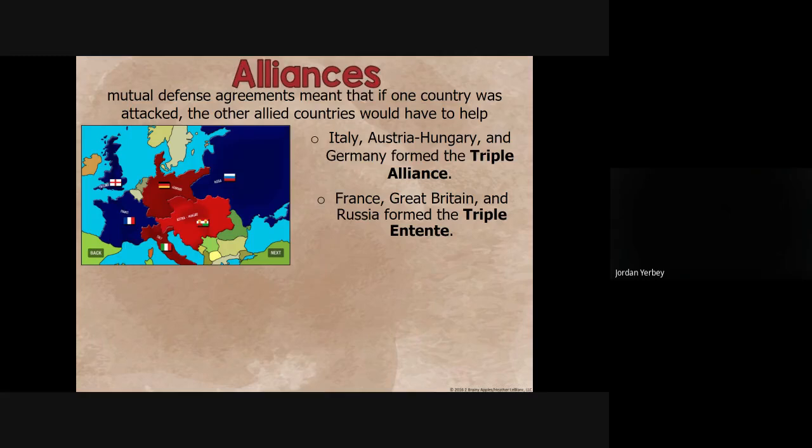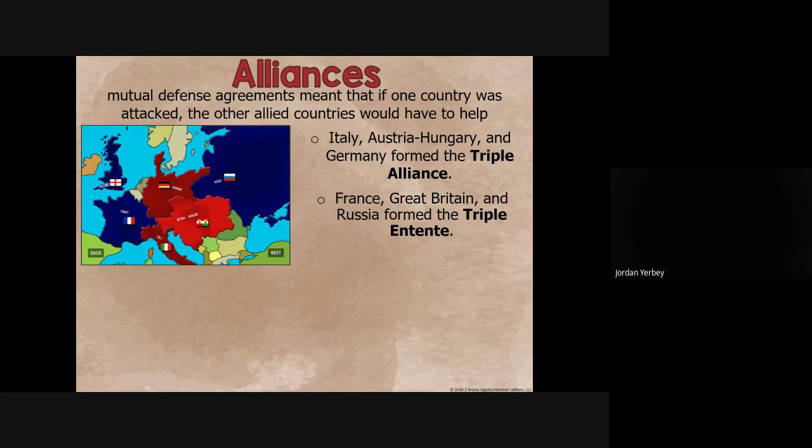In this way, the partnerships in Europe created a tense balance of power, like two equally strong sports teams facing off, like Alabama and Auburn fighting against one another. But the alliance might also transform a small crisis into a massive war by triggering a domino effect, and that's what actually happened. As more and more alliances, more people had to be pulled into the war to defend one another.